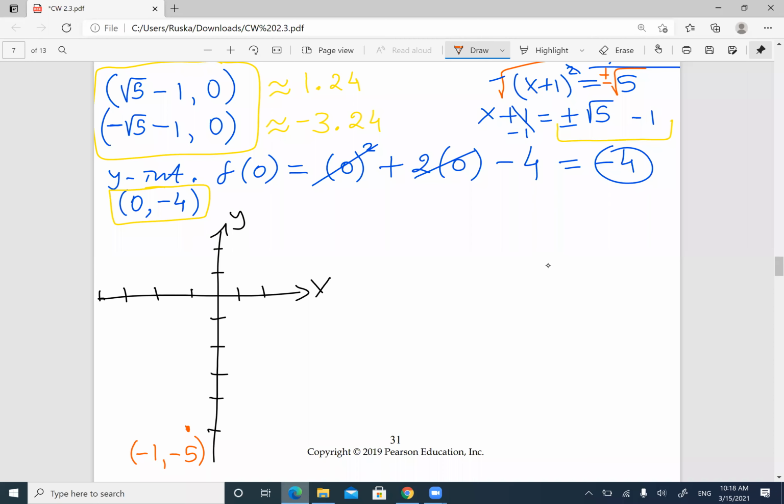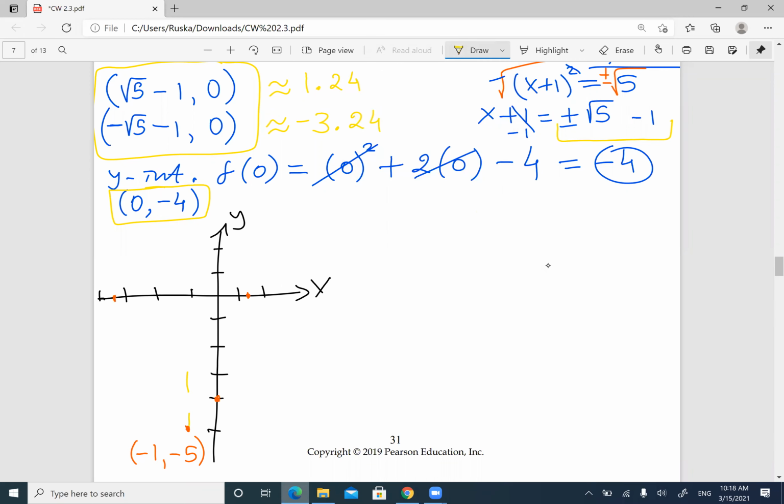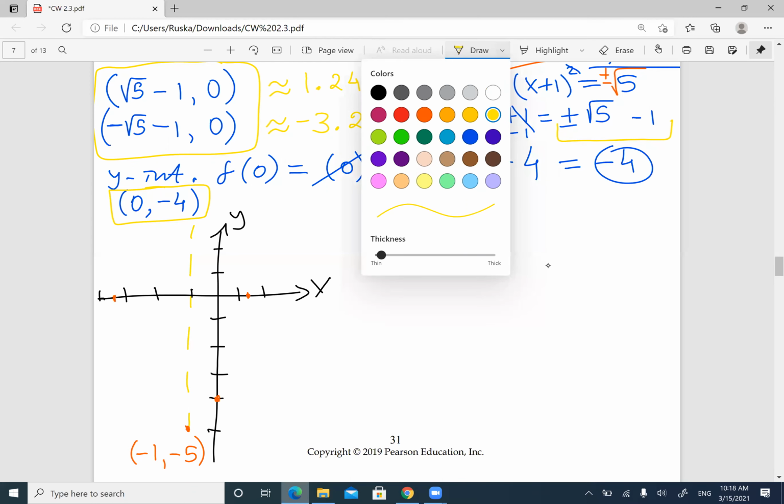Then we have the y-intercept at -4. And then we have 1 point something as one of my x-intercepts, and the other one is -3 point something. And then I'm going to graph the axis of symmetry also, so that I can see what the graph is symmetrical around. And then you're just going to connect it.